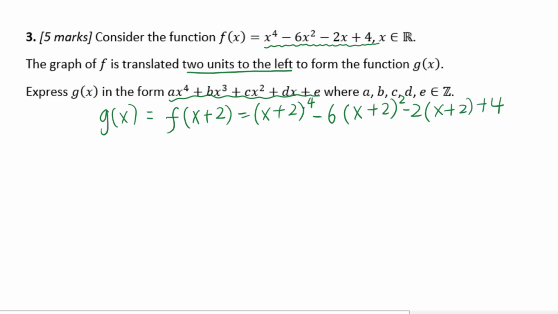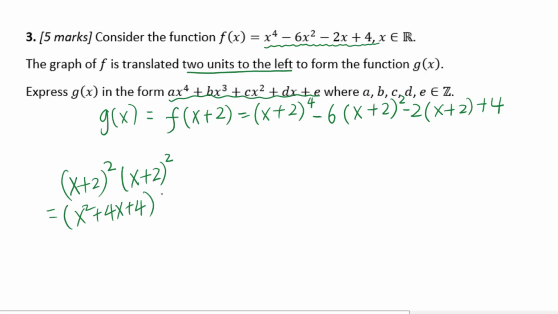For x plus 2 to the fourth power, we can write down x plus 2 squared times x plus 2 squared. So we have x squared plus 4x plus 4 times x squared plus 4x plus 4. Then we will use FOIL to figure this out.